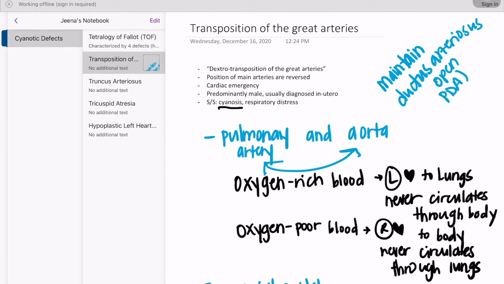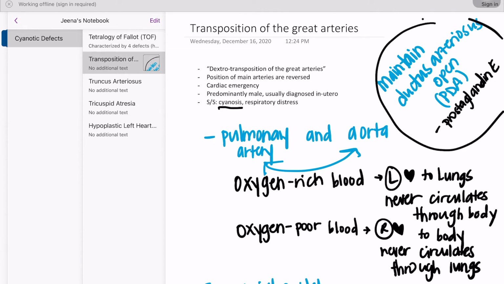You need to keep the PDA open. And you're going to use prostaglandin E as well. This helps the blood mix a little so that at least some oxygen-rich blood is circulating through the body.